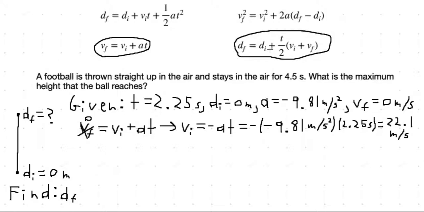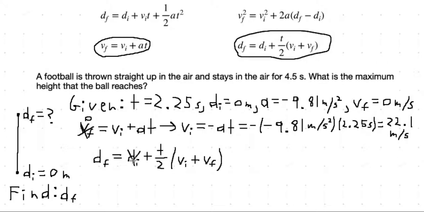So we can use the second equation, plug in the value for vi, plug in all the given values, and then solve for df, which is the maximum height. We could cross off the values that are 0.